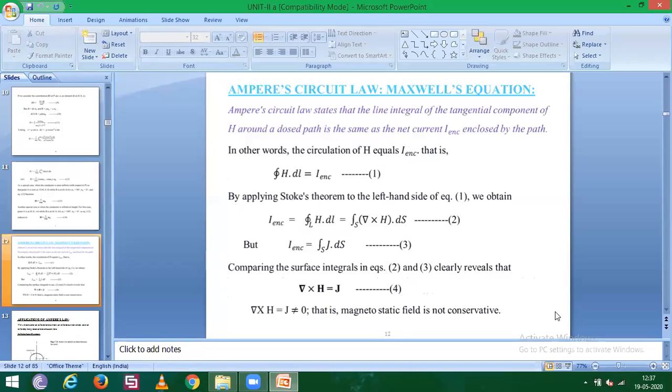Which says basically that whenever there is a current flowing through a conductor, there is a magnetic field around it, right?